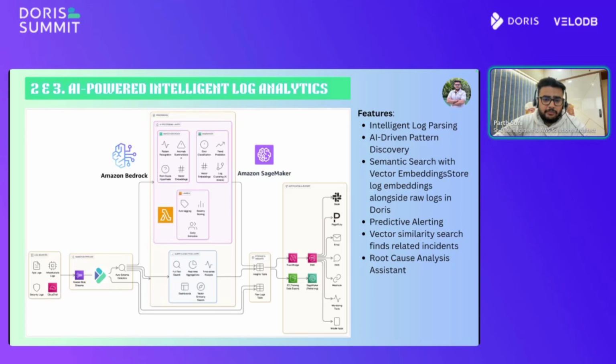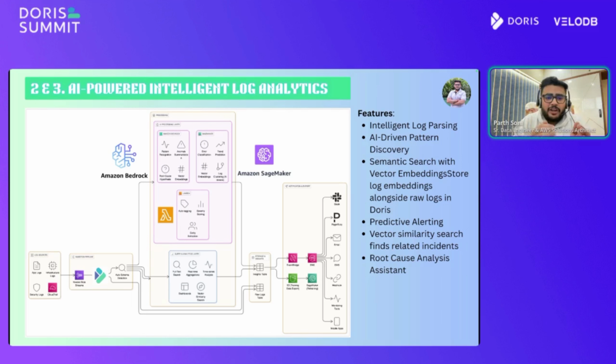The fourth one is the root cause analysis assistant. Whenever there are errors and outages, everyone and the executives are more focused on the RCAs, like what exactly happened. So when incidents do happen, the system helps with the post-mortem analysis.